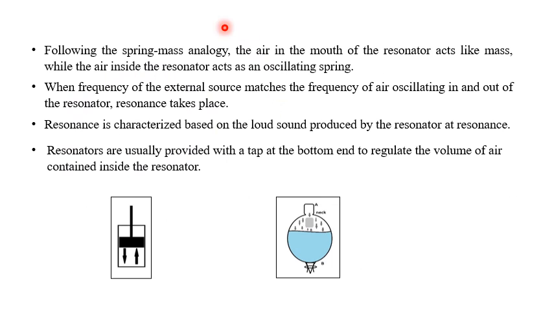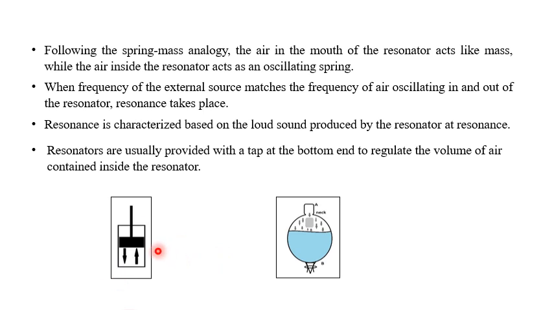Following the spring mass analogy, the air in the mouth of the resonator acts like the mass, while the air inside the resonator acts like a spring. So this portion inside is like the spring, while the air in the mouth acts like the mass.